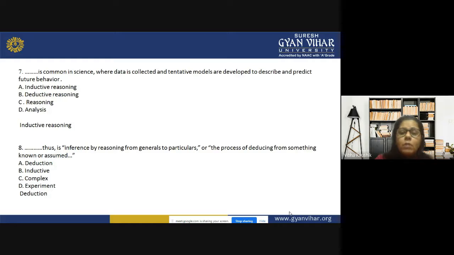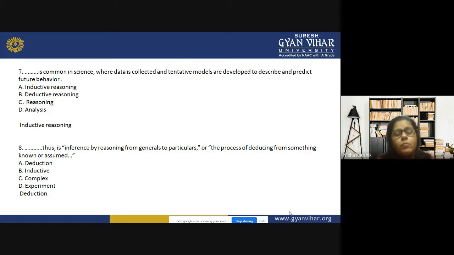The options are A, deduction, whether it's a deduction technique, B, inductive, whether it's an inductive technique, C, complex, it's a complex situation, or D, experiments, means we have to do some experiments to come to the conclusion.